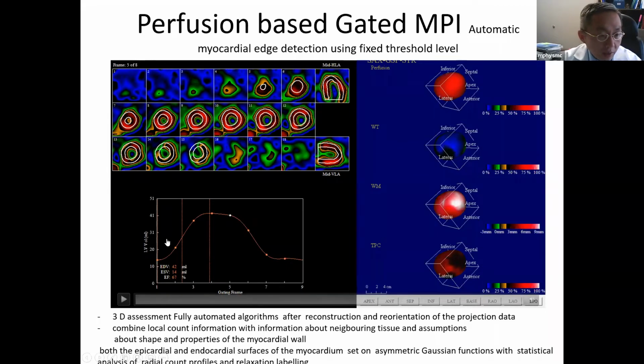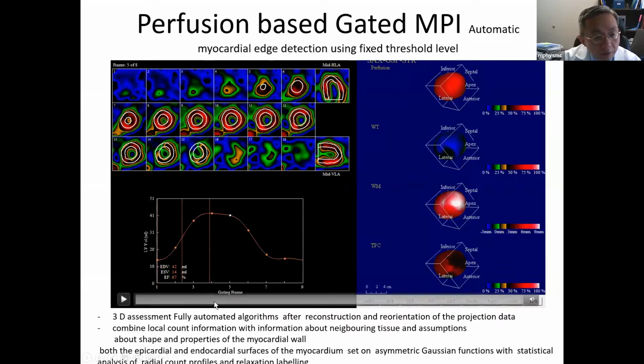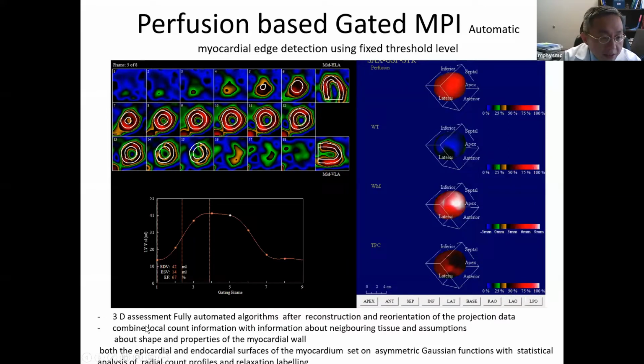As you can see, it's a fully automated algorithm. Using 3D assessment, you combine the local counts and adjacent neighboring tissue counts.